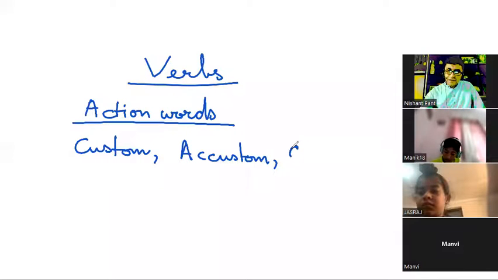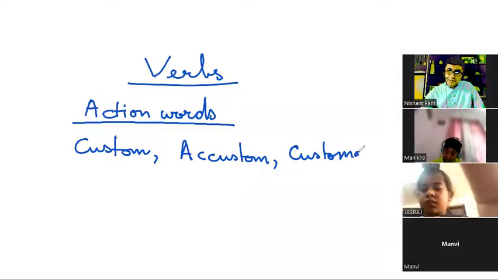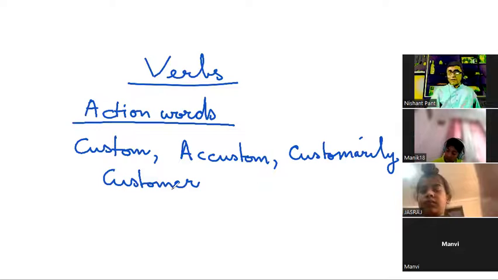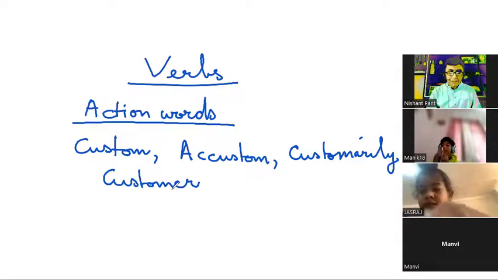One is customarily, and another is customer. You see, all are very similar words. So the question in the paper was to identify which is a verb.